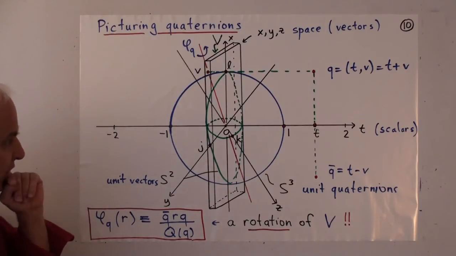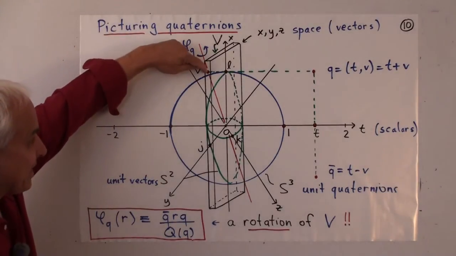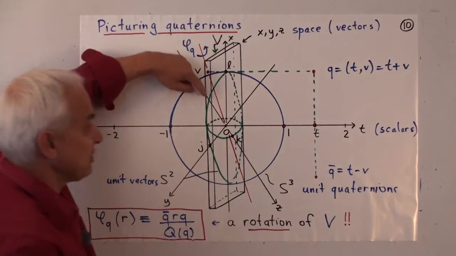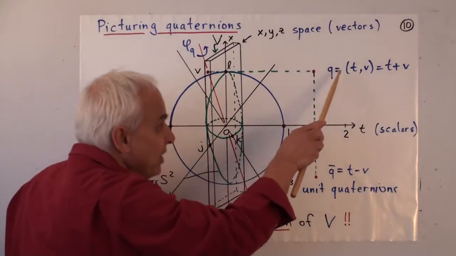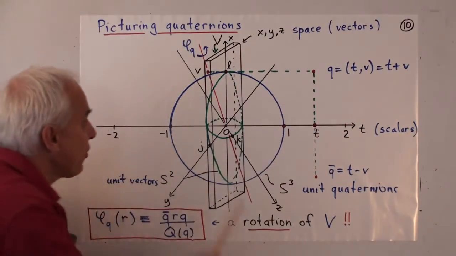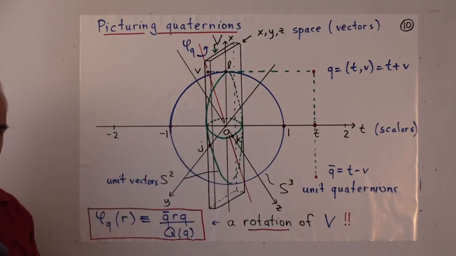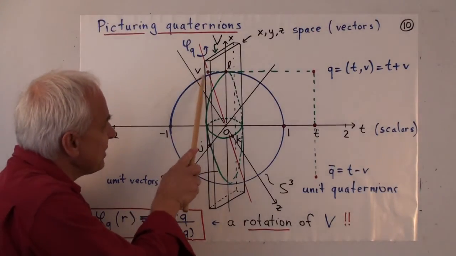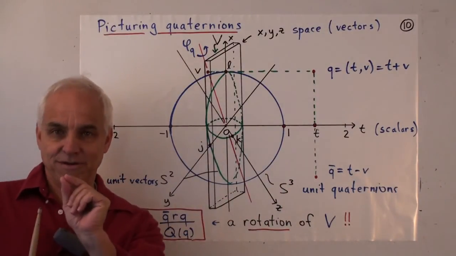Now the other crucial question to ask is, what's it actually going to do to the vector v itself, the v that's appearing here in this vector space capital V? So if our quaternion q is t plus v, the question is, what happens to the vector v under this transformation? The interesting thing is that this vector v and this quaternion q commute.